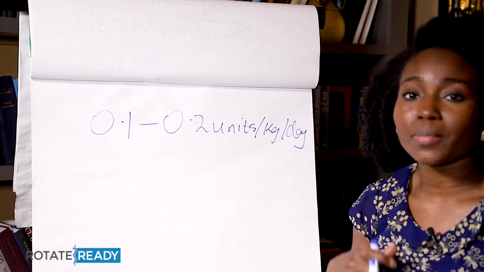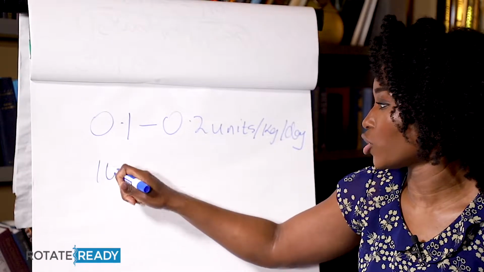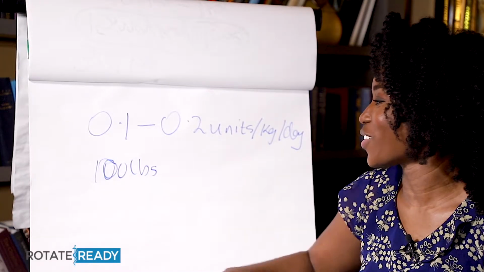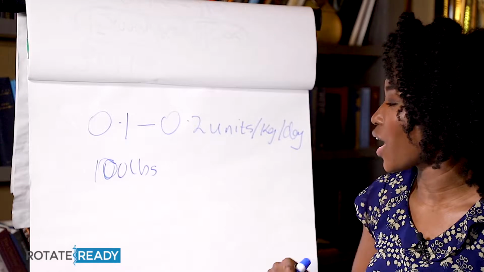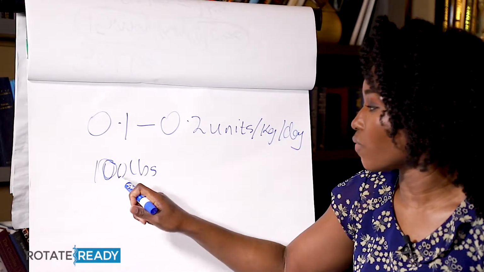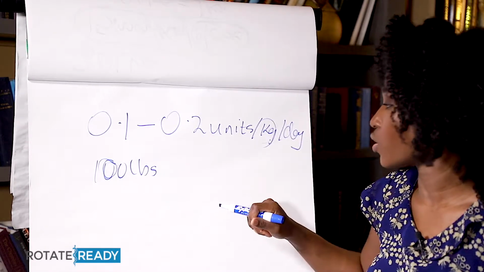Okay. And so I'm going to calculate using an example with a 100-pound patient. Say our patient weighs 100 pounds, and we want to calculate how much insulin they should be getting. Well, you want to convert this to kilograms because that's what this unit calls for.